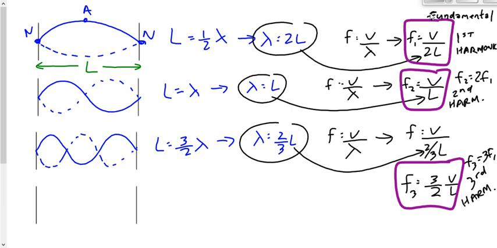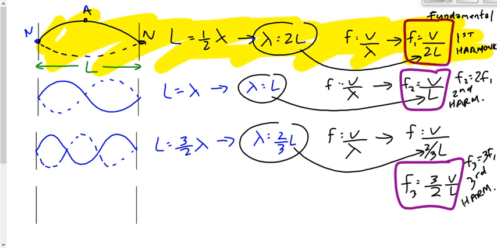Now there's a lot of stuff up here. The good news is when you actually solve problems, it's easier than what you see up on the board. The reason is because you only ever really have to deal with the first harmonic.